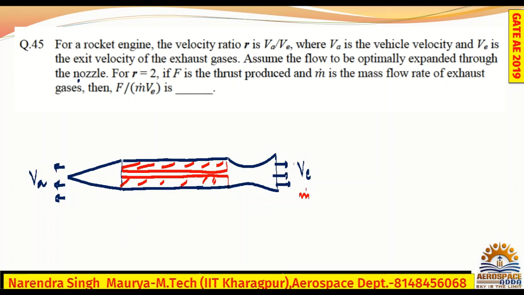They have given the velocity ratio, denoted by small r. What is the velocity ratio? They have said vehicle velocity divided by exhaust velocity. Now this exit pressure is PE, and here this is the atmosphere, PA, the ambient pressure.